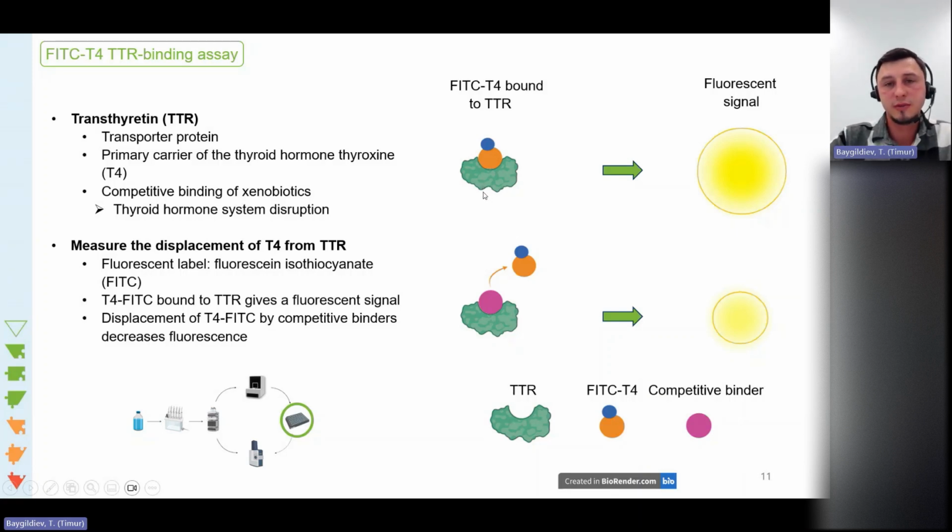If this conjugate binds to TTR, there is a high fluorescence signal, and in the presence of competitive binders, part of this conjugate is displaced from TTR, and this leads to a decrease in fluorescence. If a decrease in fluorescence is detected that is significantly different from the background, this means that some competitive binders probably could be present in these fractions.